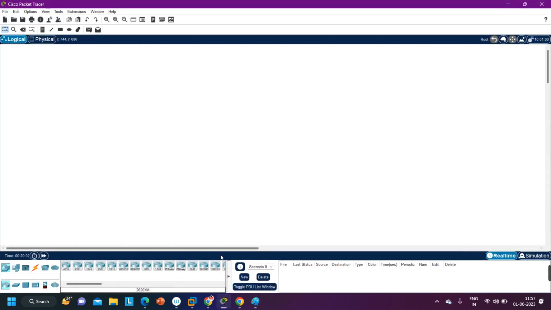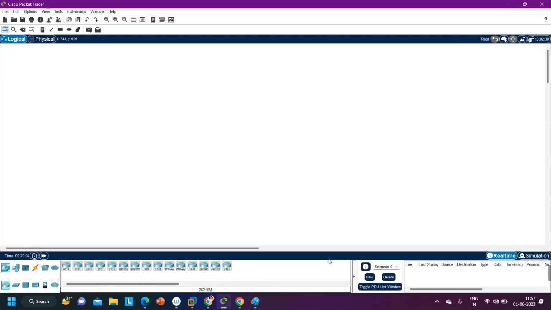See here. In Packet Tracer, let me design one network. This is my router. I have some switches and some computers.